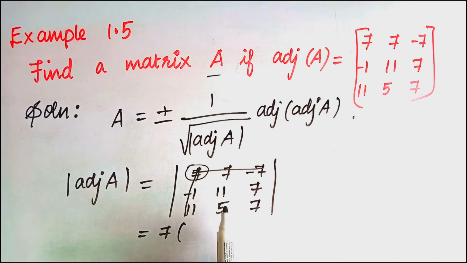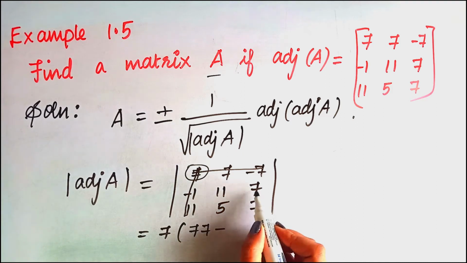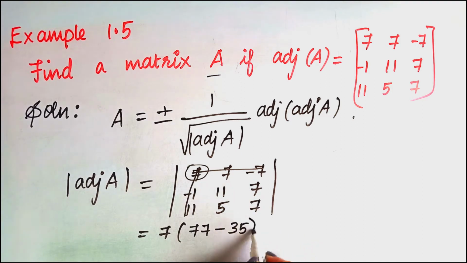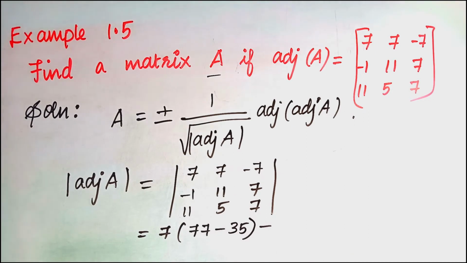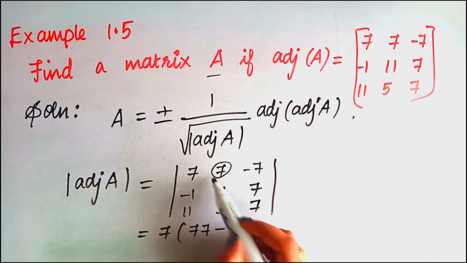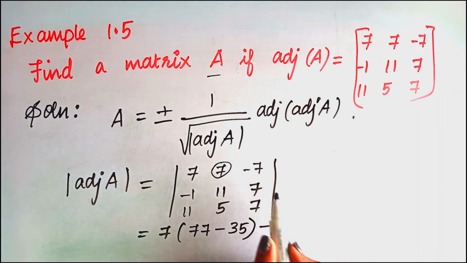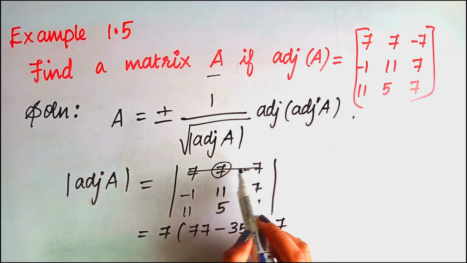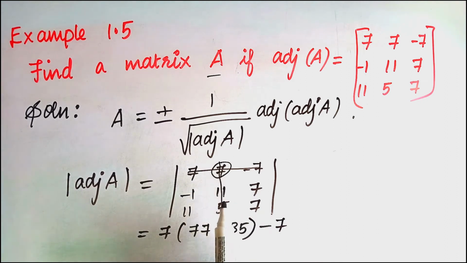Now you cross multiply, so 7 into 11 gives 77, then put a minus, and 7 fives are 35. Next you put a minus sign, because you have to use an alternating pattern while finding the determinant of a matrix. The second number is another 7, so we put a 7 here, and then cancel both the horizontal and vertical values of 7, so that you get minus 1, 7, 11 and 7.